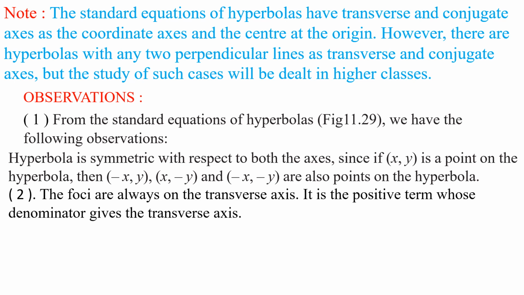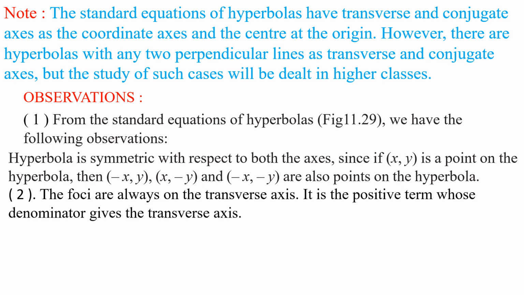By observing the equation x square by a square minus y square by b square is equal to 1, in the equation, which is the positive term? Yes, x square by a square is the positive term. So it gives the transverse axis, because in the numerator x square is there, so the transverse axis is the x axis.